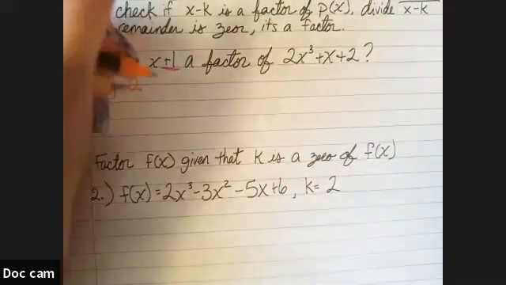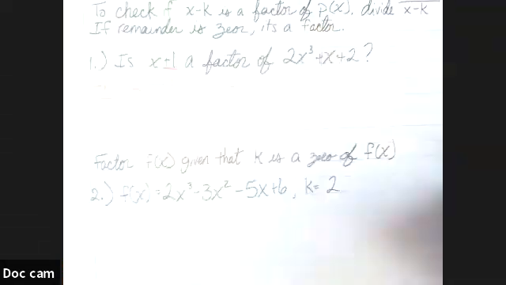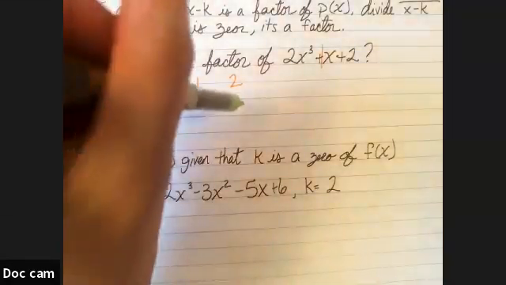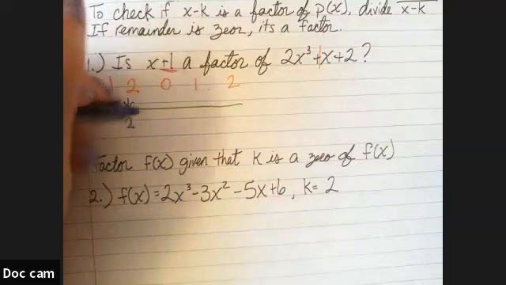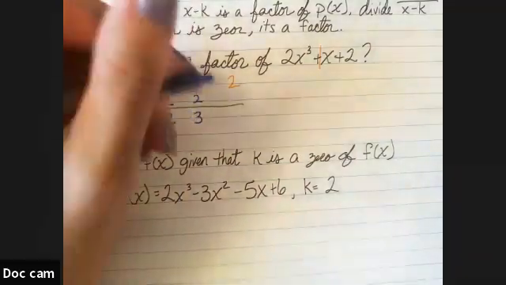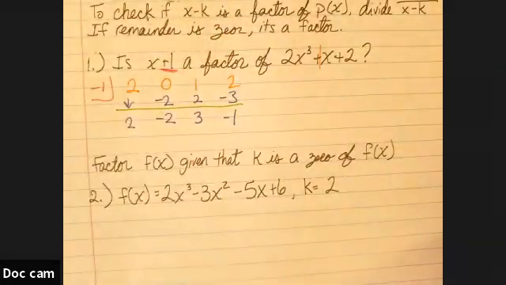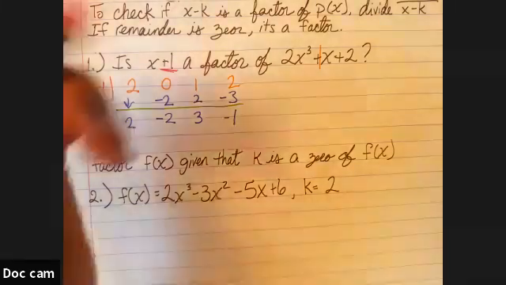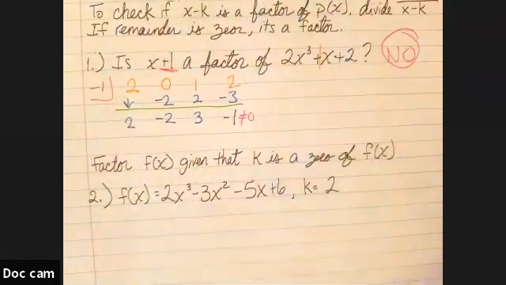And then it skips over x squared, so that's going to be 0. And then 1, and then 2. So 2, negative 2, negative 2, 2, 3, negative 3, negative 1. So since negative 1 is not equal to 0, the answer is no, x plus 1 is not a factor of that.